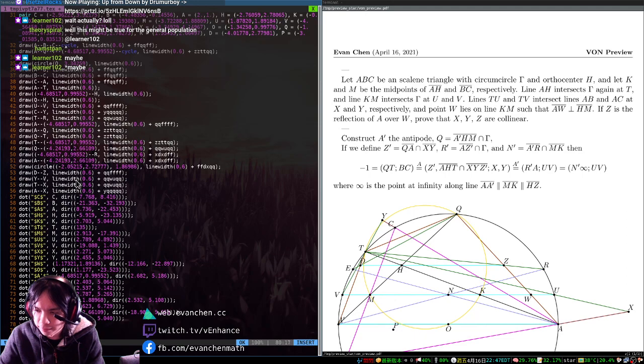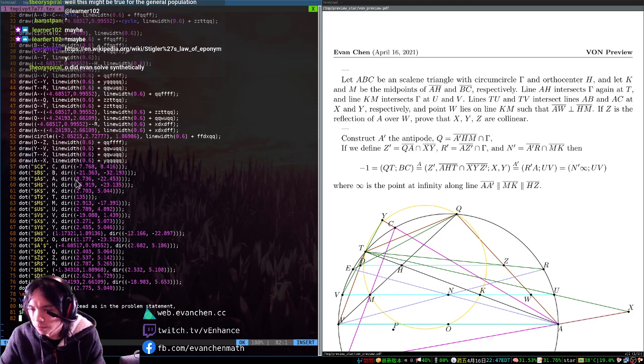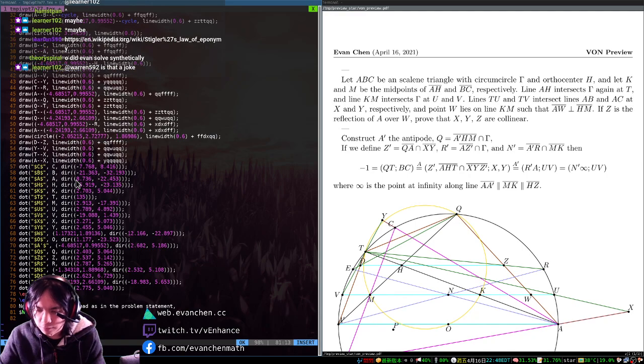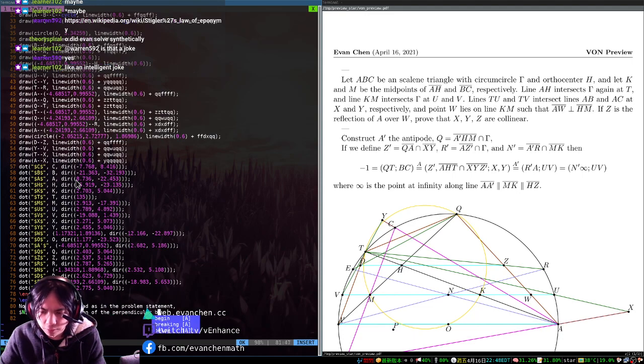Now define Z instead as given, R equals AZ intersect gamma. N as the intersection of the perpendicular, N as the midpoint of UV, and R as A prime and gamma.